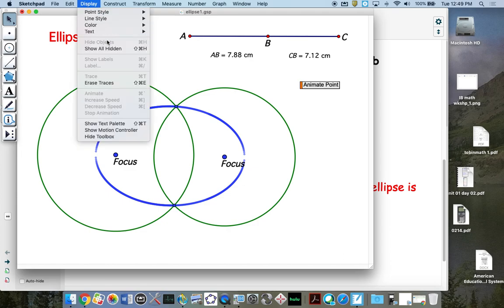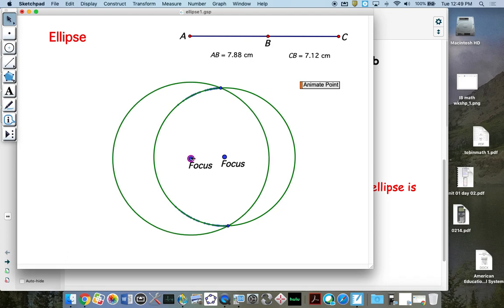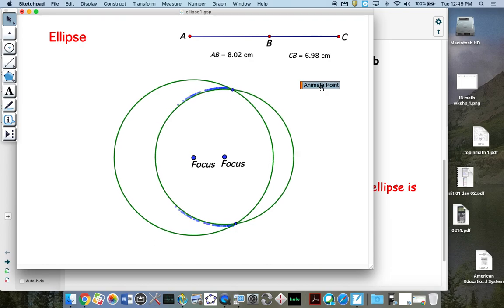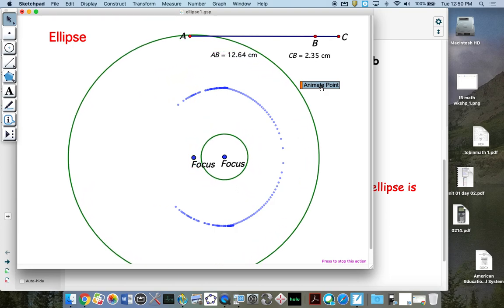Okay, let's erase those. Now watch what happens when I move them really close to each other. Now remember, the center is right in between them, halfway in between. So now they're a lot closer to the center. So now that C value is a lot smaller. C is the distance from the center to the focus. And so that's a lot smaller than the distance to the vertex, which is A. So when C is a lot smaller, look what we get.